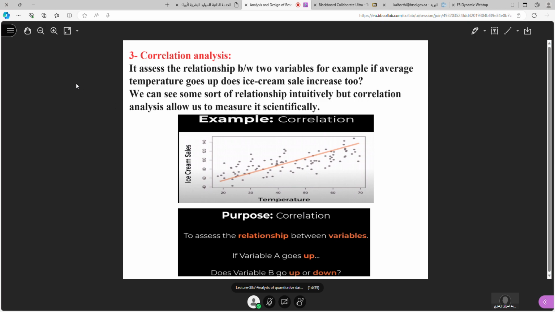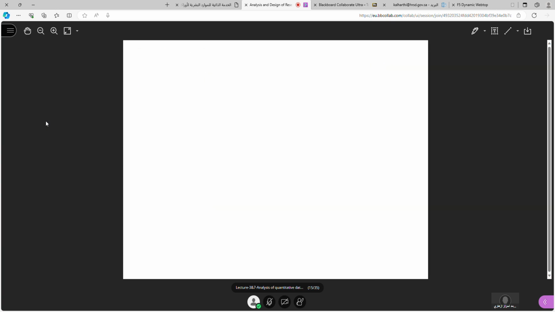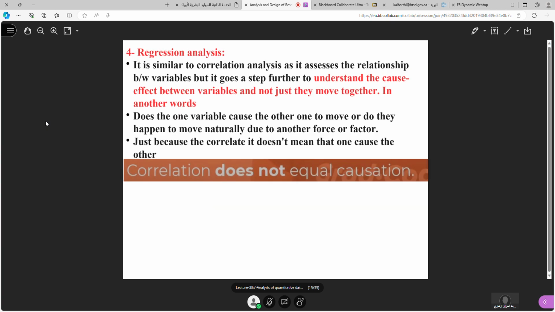Correlation analysis means, guys, the relationship between the variables, but not the associations, not the causations. So correlation analysis will give only correlation, a relationship between the variables. So for MCQs it is only correlation. But what is regression?